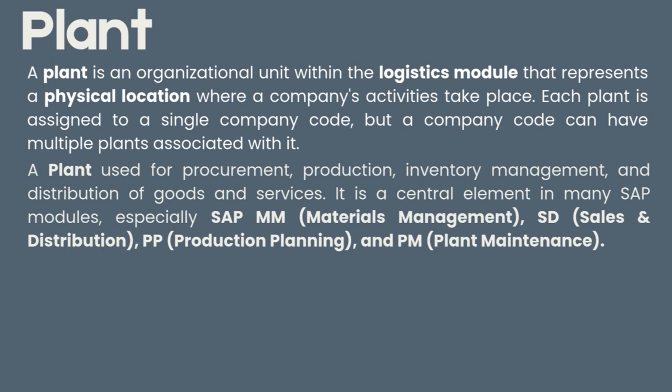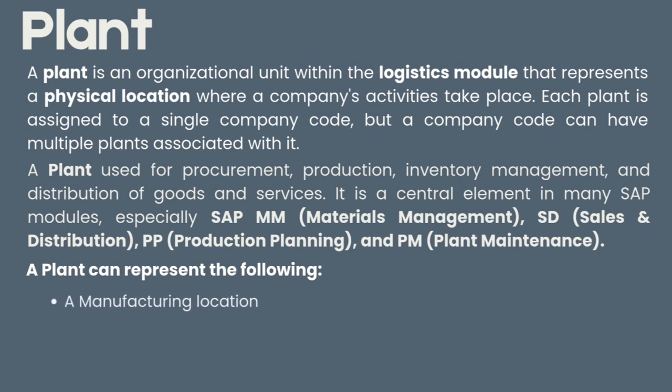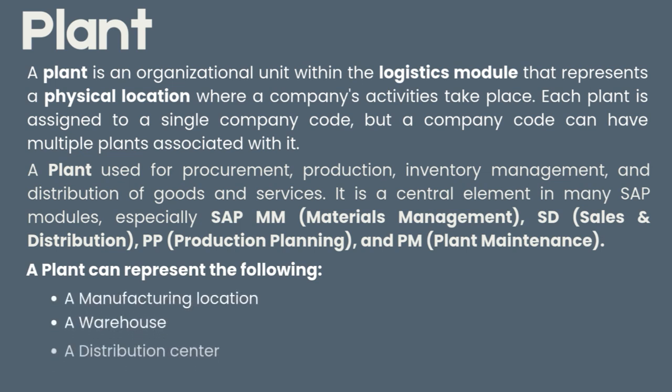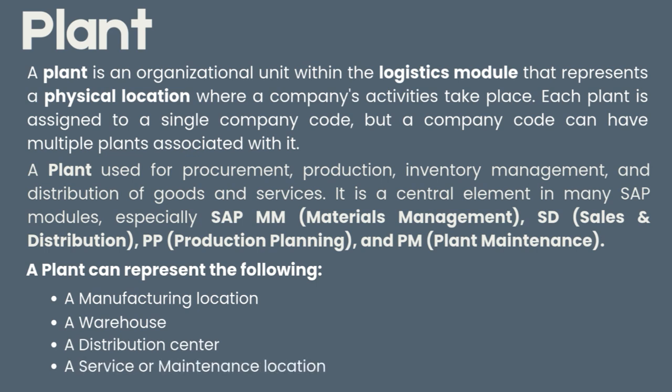It is a central element in many SAP modules, especially SAP Materials Management, SD, Sales and Distribution, PP, Production Planning, and PM, Plant Maintenance. A plant can represent the following: a manufacturing location, a warehouse, a distribution center, a service or maintenance location.